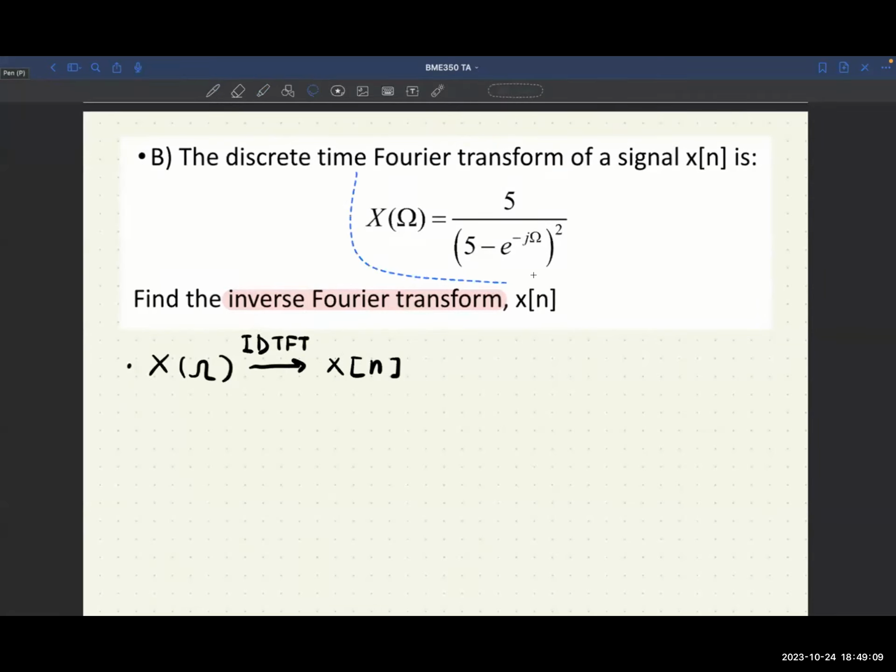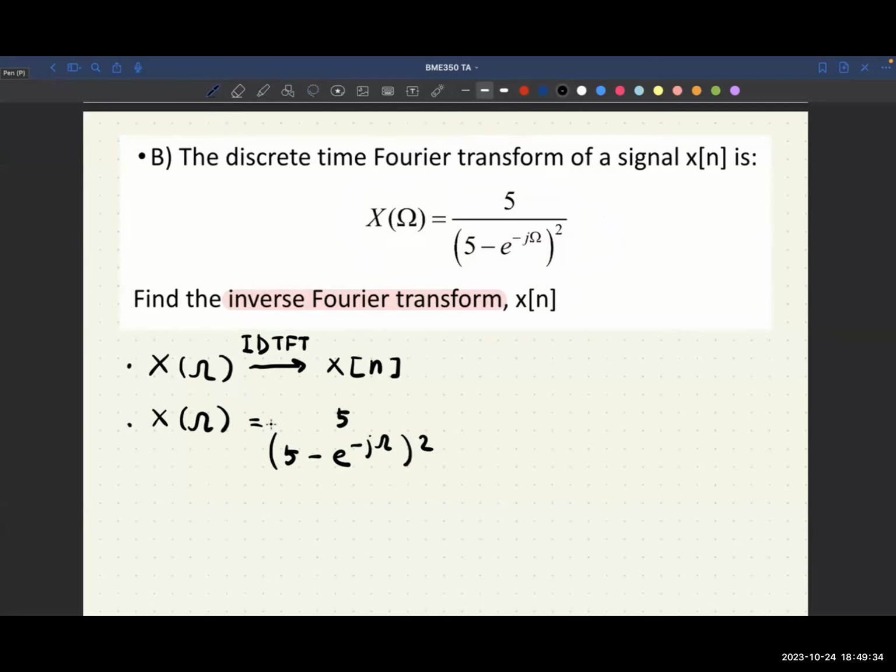Okay, I'm gonna snip this with me. Okay, it doesn't want me to copy everything. Let's say we have our X omega equal to 5 over (5 minus e to the negative j omega) squared.